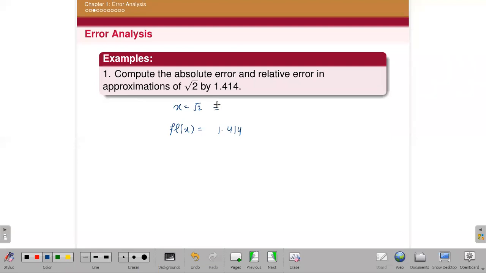In my calculator, it is showing 1.4142135 56237. So all the digits you have to take as exact digits. Okay. So this is FL of x, 1.41.